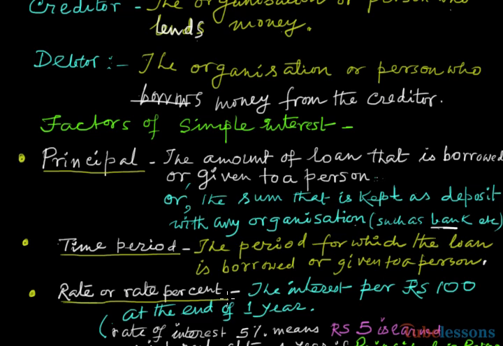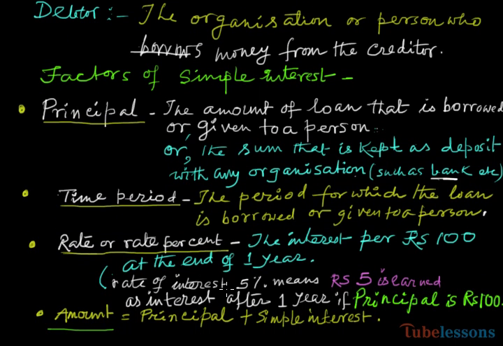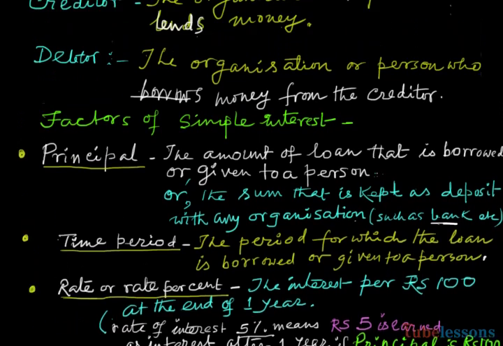Rate percent or rate is the interest per rupees 100 at the end of 1 year. Suppose the rate percent is 5%. That means rupees 5 is earned as interest after 1 year if the principal amount is rupees 100. And amount is the sum of principal and simple interest.